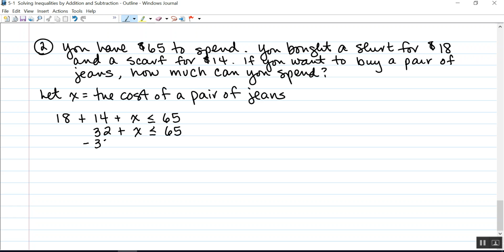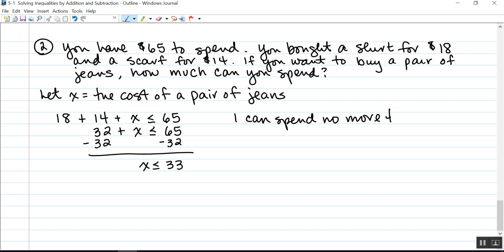And subtracting 32 from each side, x is less than or equal to 33. So let's not put our answer in set builder because it's actually asking a question. How much can you spend on a pair of jeans? Let's see, so I can spend no more than $33 on a pair of jeans.